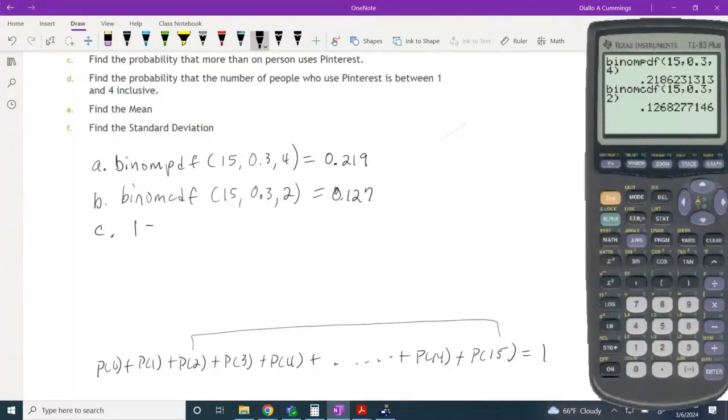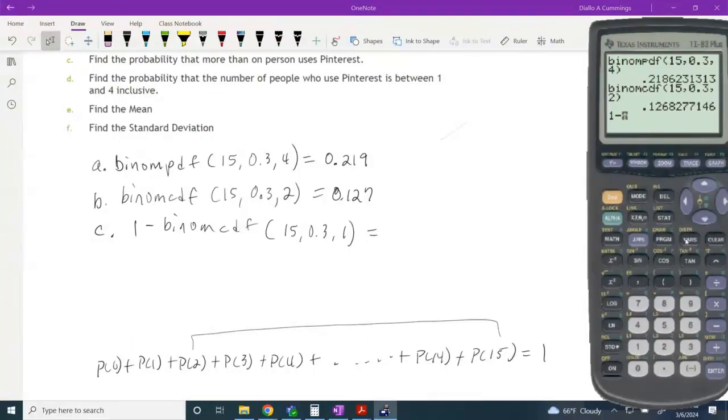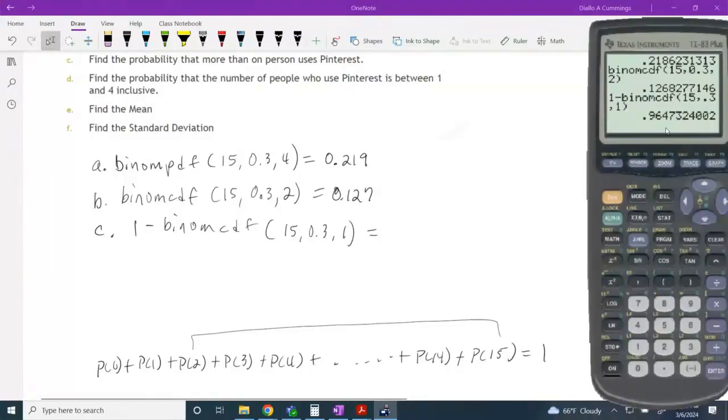So it's 1 minus the CDF at 1. That's right. I got 0.965.